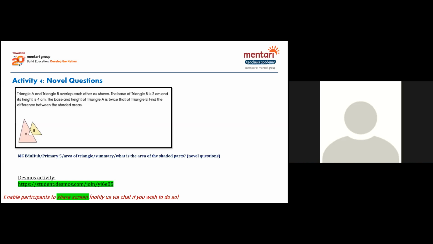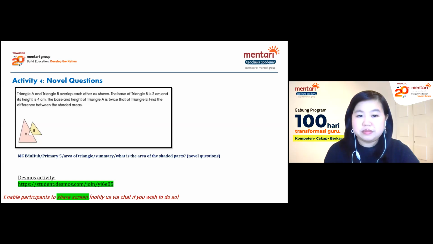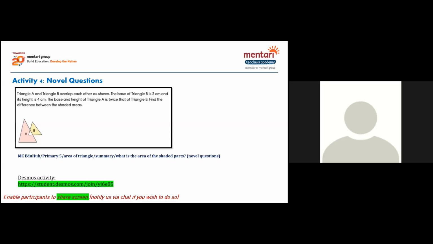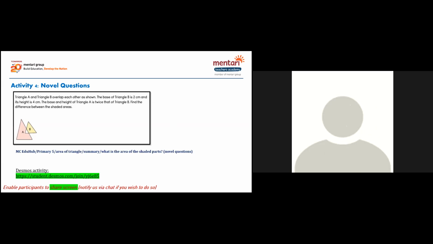Okay, because the question is triangle A and triangle B overlap each other as shown, and the base of triangle B is 2 centimeters and its height is 4 centimeters. The base and height of triangle A is twice, that's the clue, that of triangle B. So find the difference between the shaded areas.